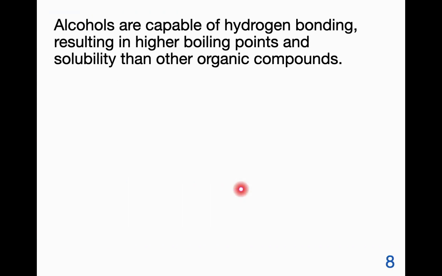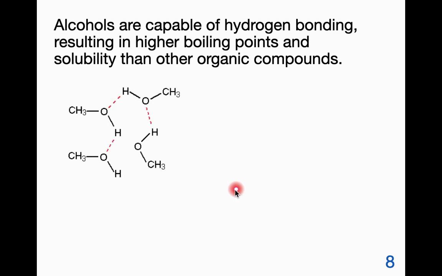A few more things about alcohols. Alcohols are capable of hydrogen bonding, resulting in higher boiling points and solubility than other compounds. So alcohols have a hydrogen bond between the molecules, which means that they have a relatively high boiling point, because remember, hydrogen bonding is the strongest of all intermolecular forces, and makes it so that alcohols are very soluble in water.